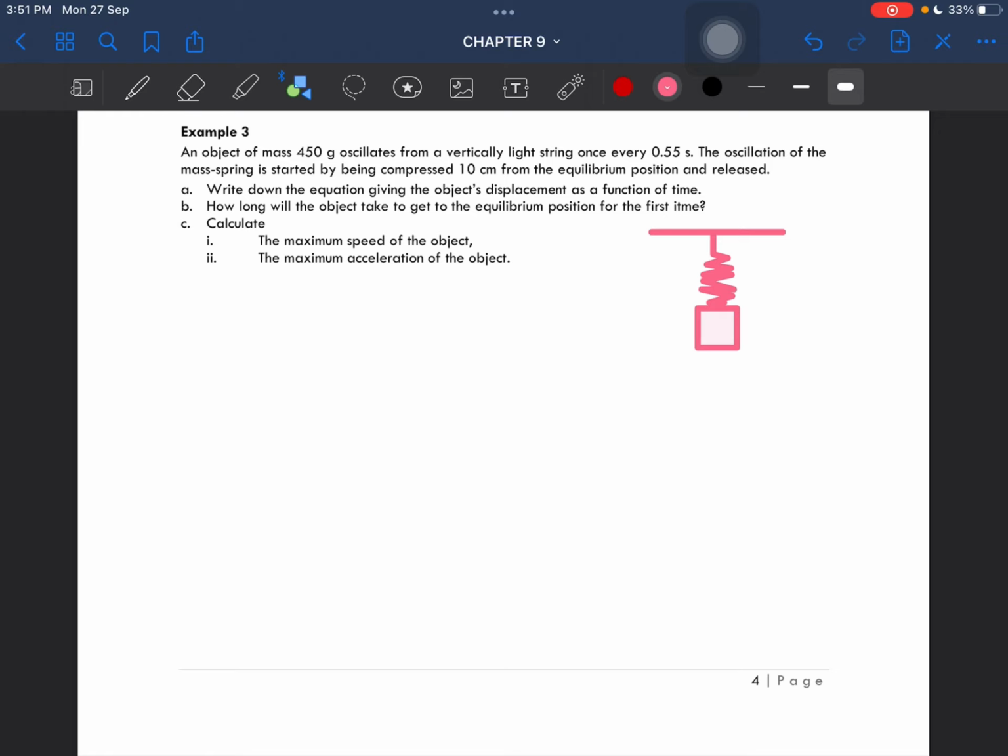We can assume that the equilibrium position is somewhere here, and then it is compressed up to 10 centimeter. That compression gives us its amplitude, which is 10 centimeter. This one is negative 10 centimeter.